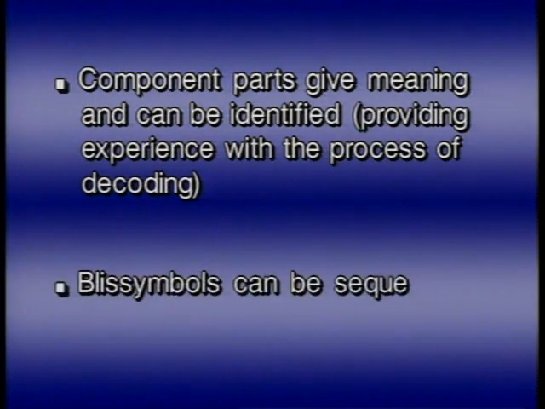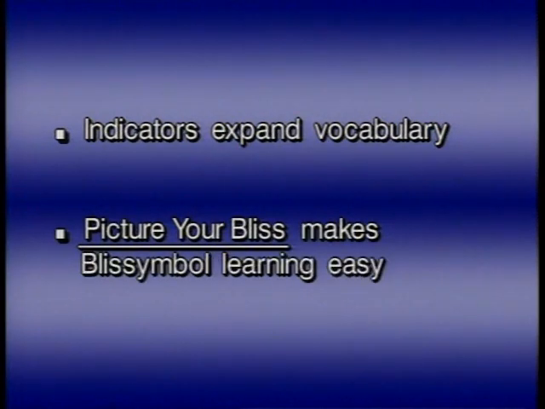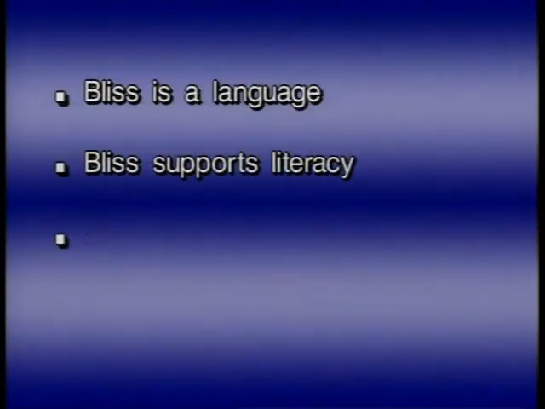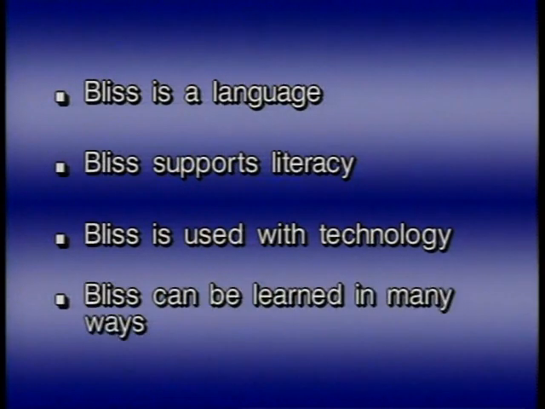The symbols can be sequenced into sentences. Indicators expand vocabulary. Picture Your Bliss makes Bliss symbol learning easy. And Bliss is a language. Bliss supports literacy. Bliss is used with technology. Bliss can be learned in many ways.